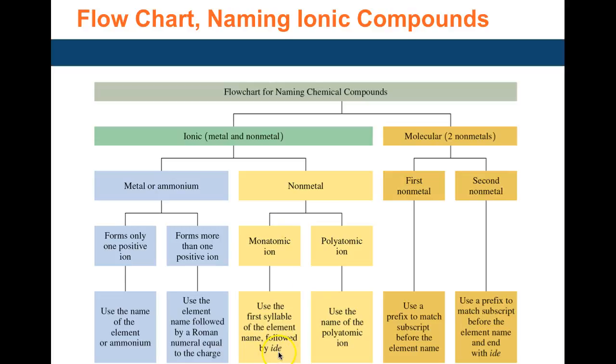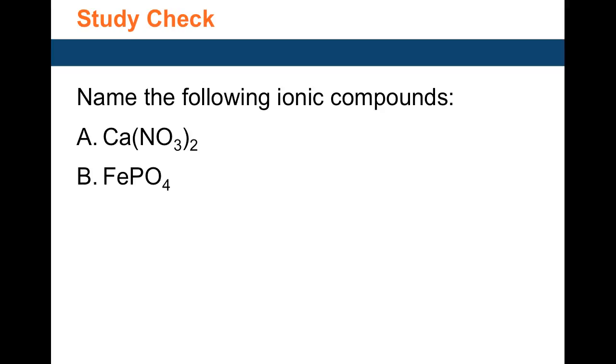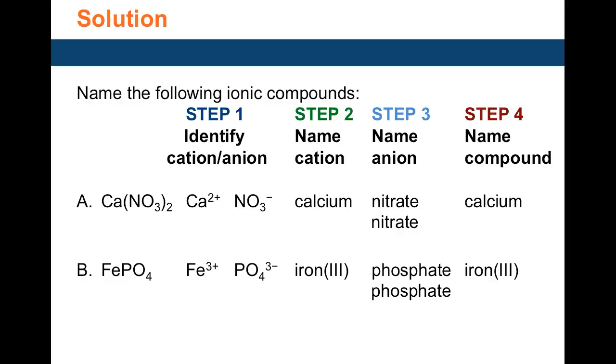Then you have to use the suffix "ide." If it is polyatomic, just write the name of the polyatomic. So name the following compounds. Calcium nitrate. Iron(III). The phosphate has a negative 3, so iron(III) phosphate. All right, we'll stop here.